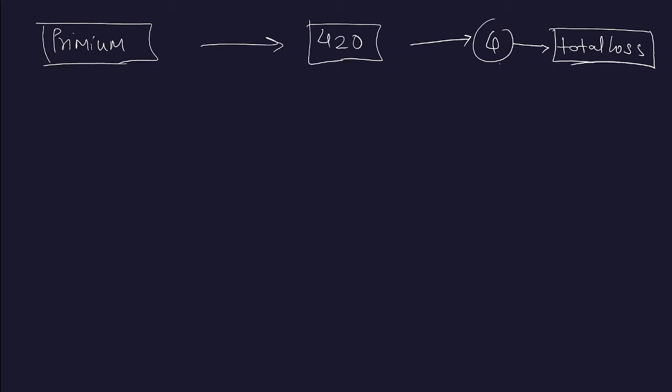Let's say the price goes from 420 to 416, then your premium will be 0, and your total loss would be this automatically.